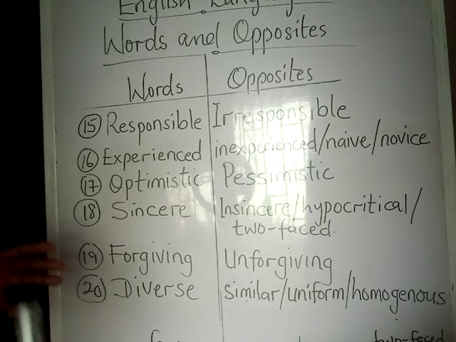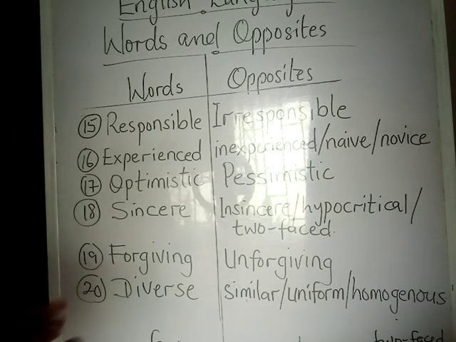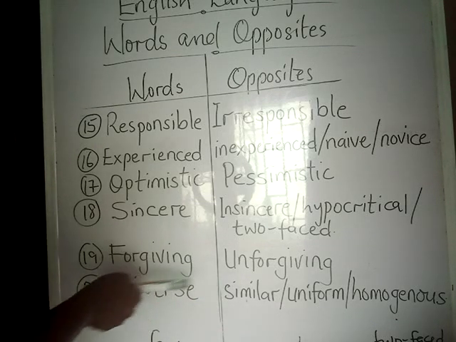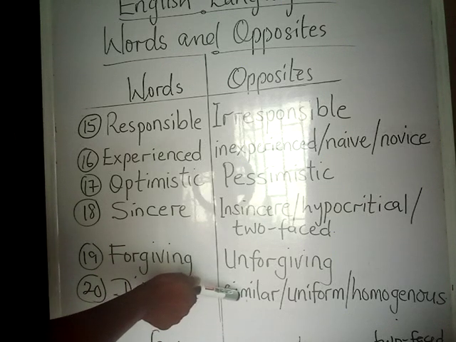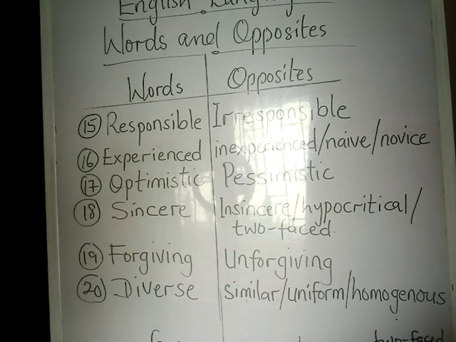Diverse means assorted, different things, different stuff coming together. When things are different, we say they are diverse. And the opposite is similar, or uniform, or homogeneous. Diverse means different, and then the opposite, you have similar, uniform, or homogeneous.